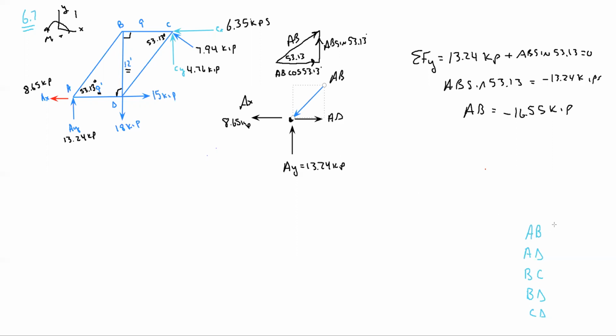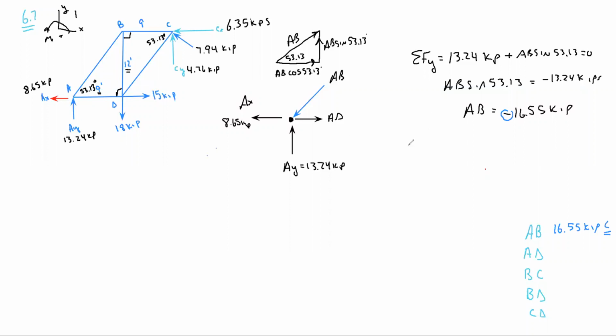So remember, AB has an internal force of 16.55 kips, and it is under compression. I changed the arrow to go in, as I had the arrow wrong, as indicated by the negative. The reaction at that joint is toward the joint, which indicates that the member is in compression.